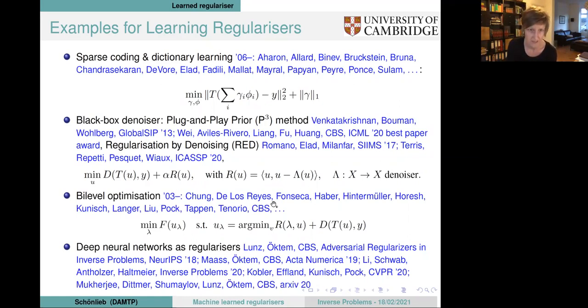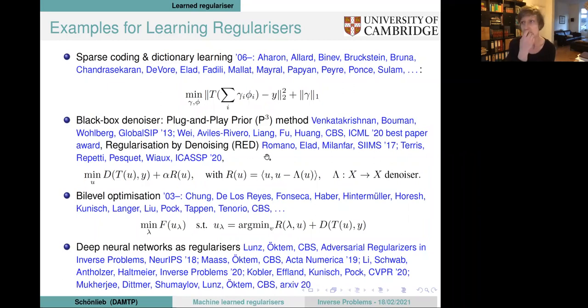This is one way to say what my regularizer is, in which kind of representation my image should be sparse. Another thing that got highlighted at last year's SIAM imaging conference is the idea of plug and play or regularization by denoising.